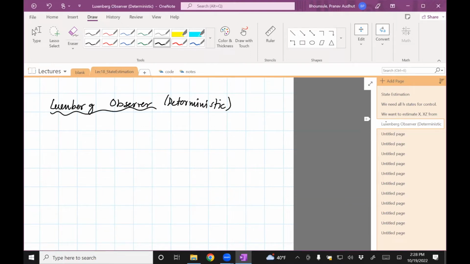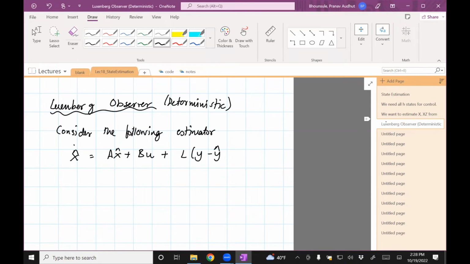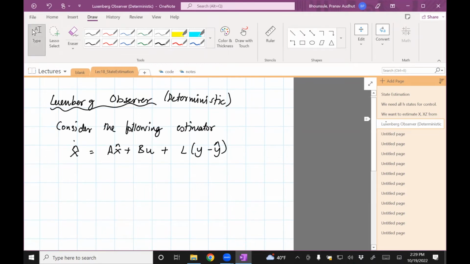Okay, now here is what is the Luenberger observer. So we consider the following estimator. Okay, x hat dot equals A x hat plus Bu plus L times (y minus y hat). Okay, it seems very random.